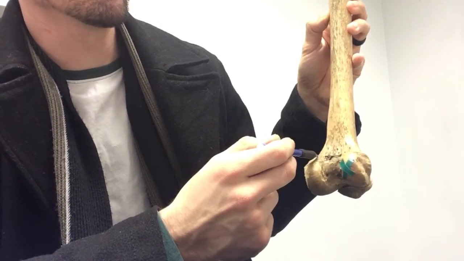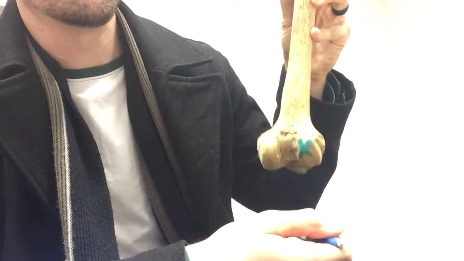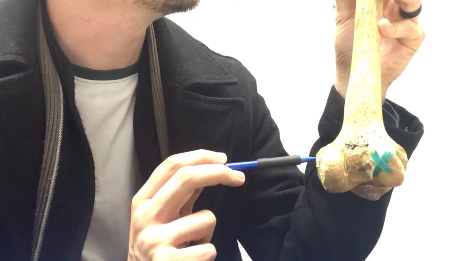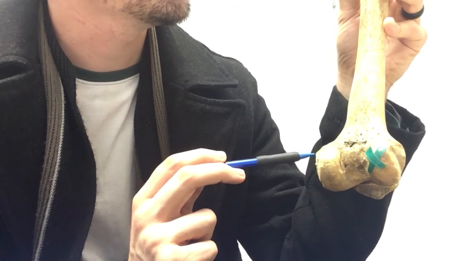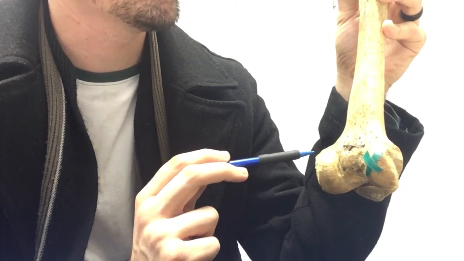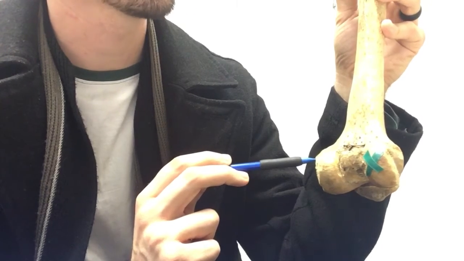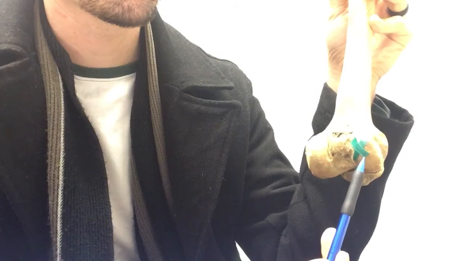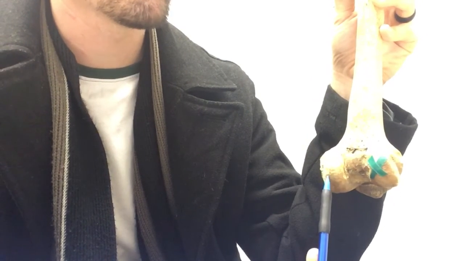Then here at the bottom of the distal femur, ignore this axis, it was just there, we have the adductor tubercle, which is going to be superior and medially to the epicondyle. Adductor tubercle. This is the lateral condyle, this is the medial condyle.